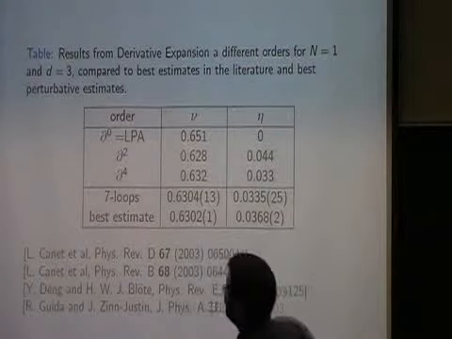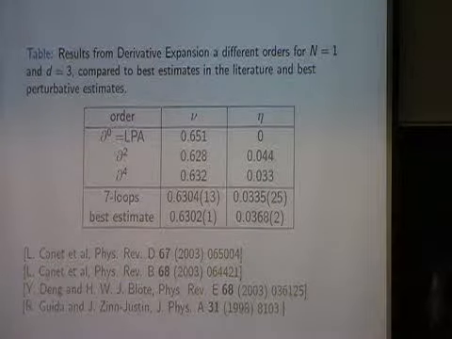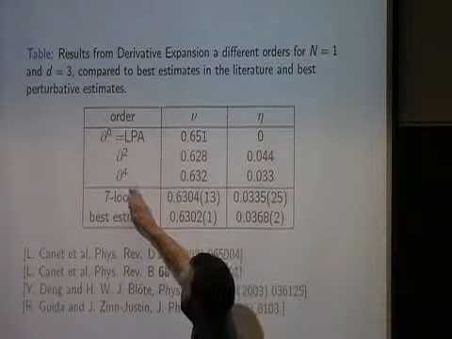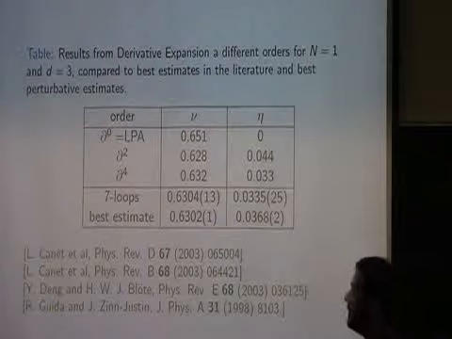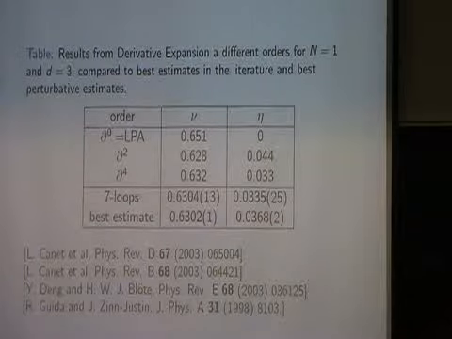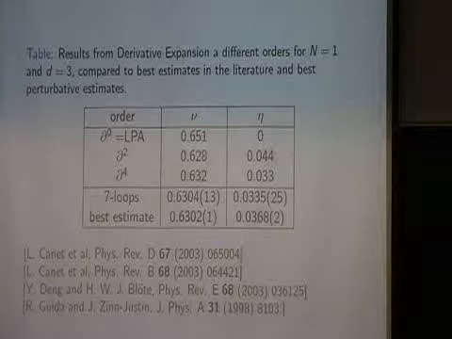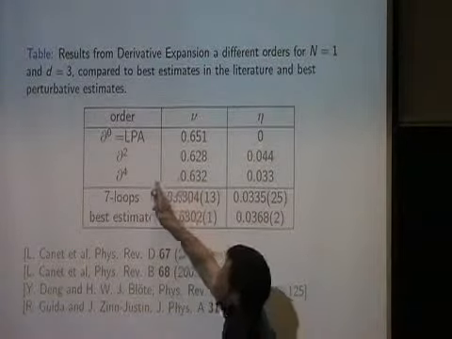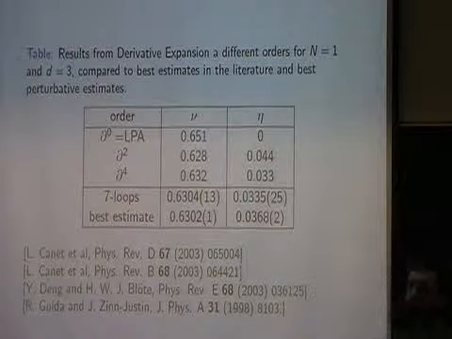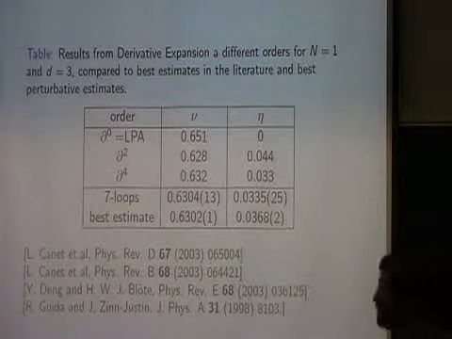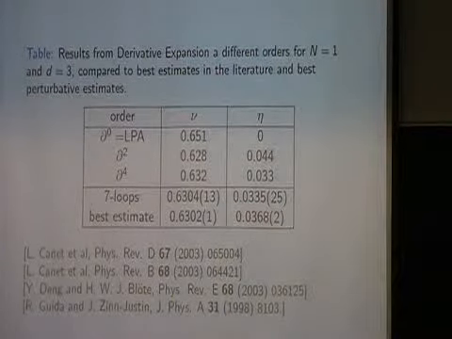So in n equals 1, this is the only case where people have gone to the fourth derivative, and you see that the results are quite good. The limit here in the precision is not in the approximation, but in the quality of the numerical resolution.